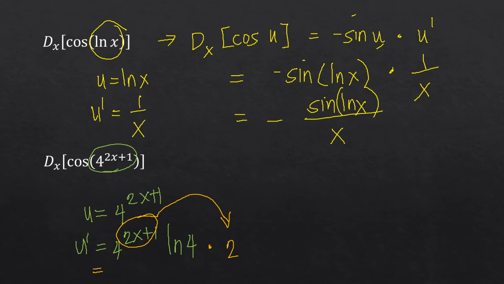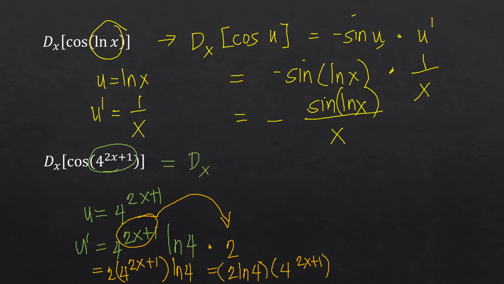The derivative of u here will become 2 times 4 raised to 2x plus 1 ln of 4, or can be written as 2 ln of 4 times 4 raised to 2x plus 1. If we rewrite this, this will now be the derivative of cosine u, where u is equal to 4 raised to 2x plus 1. So we have the derivative of cosine, which is negative sine u times u prime.